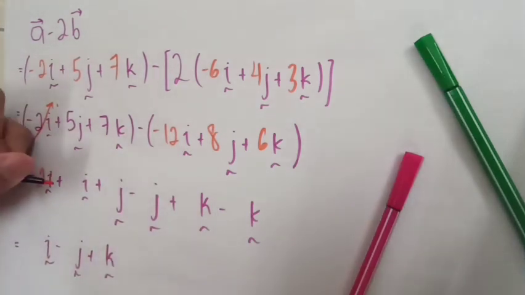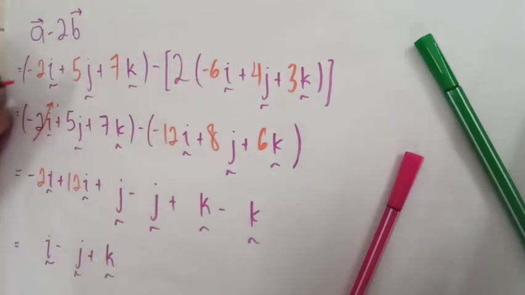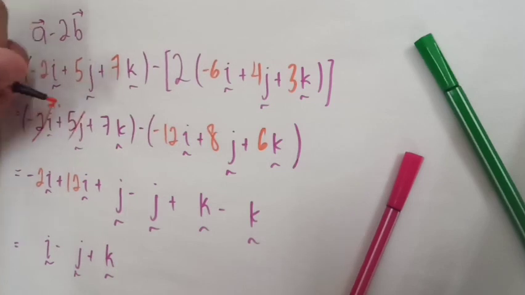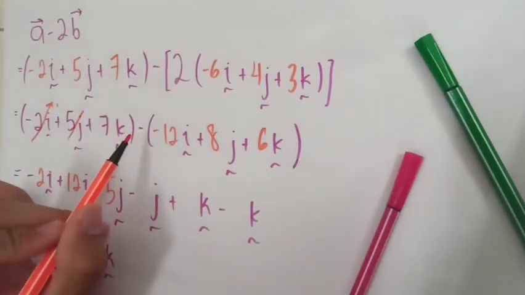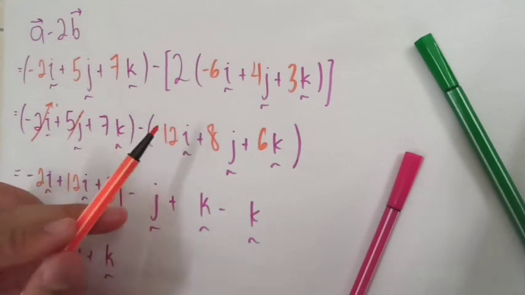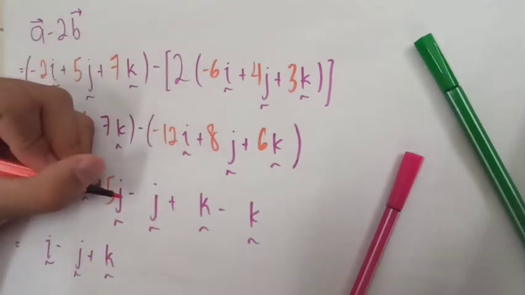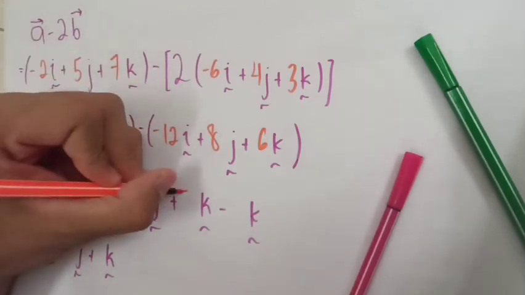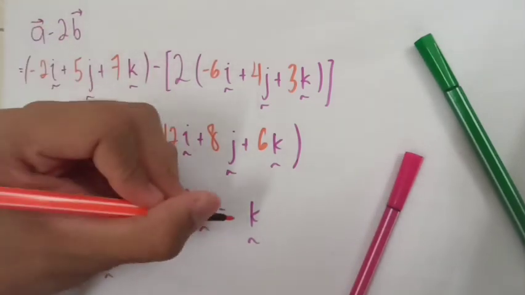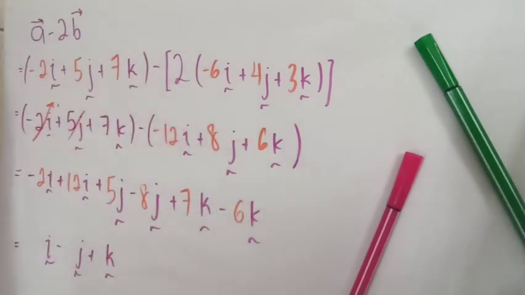So it is plus 12i plus 5j minus, because negative made positive, 8j plus 7k minus 6k.